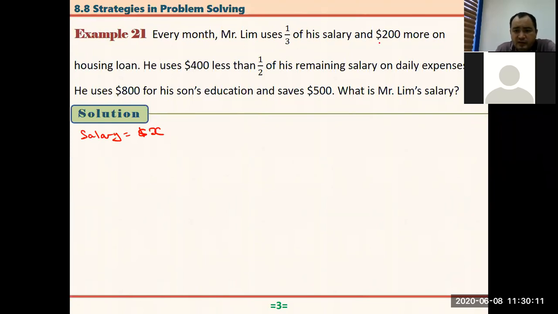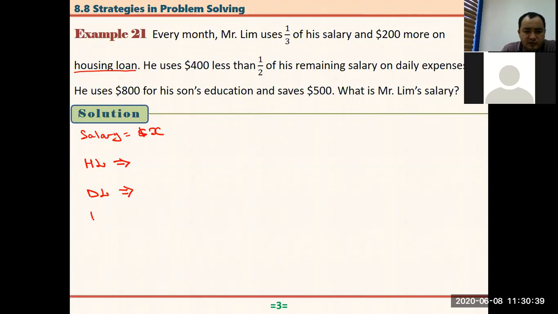Now how many different types of expense does he have? He uses 1/3 of his salary and 200 more on housing loan. So that is the first expense, right? Let me write here, housing loan. The second one is he uses 400 less than 1/2 of his remaining salary on daily expenses. The second one is daily expenses, right? And he uses $800 for his son's education.